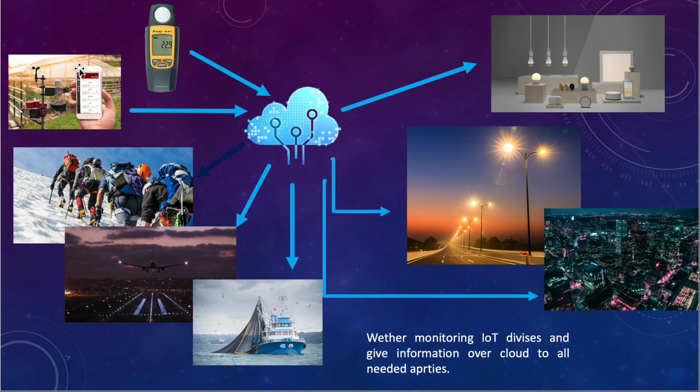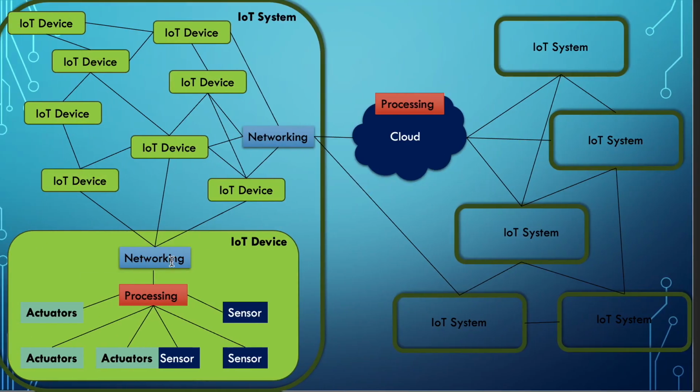So in this case, the sensors are in one device, and the actuators are somewhere else, in another system, right? So if there are only sensors, those sensors will detect the information and process the raw data, and that raw data can be communicated to other IoT devices inside the same system.